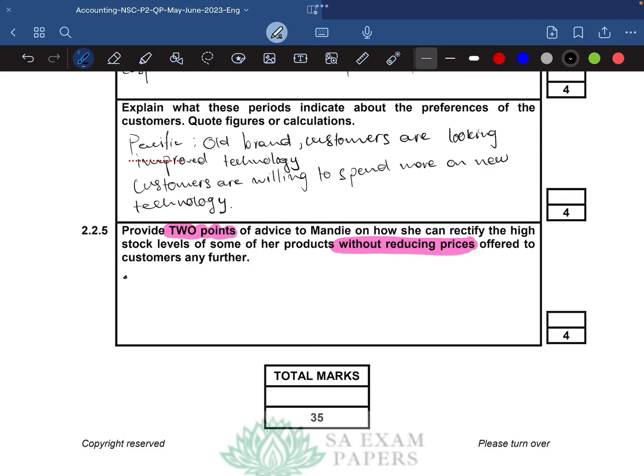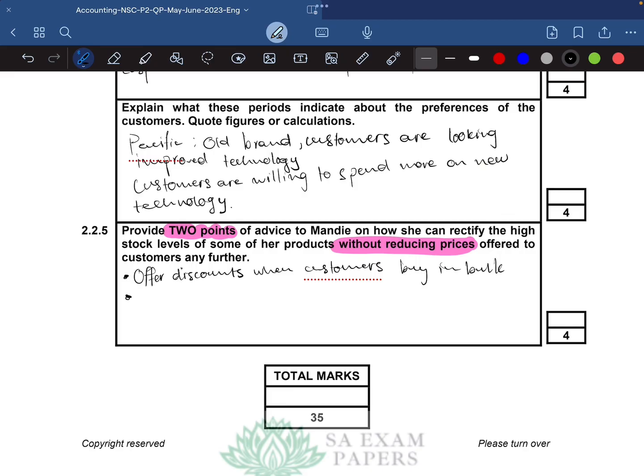So you could say offer discounts when, let's say, people are buying in bulk, but it's quite unusual for people to buy TVs in bulk, but I guess you could say offer discounts when customers buy in bulk.